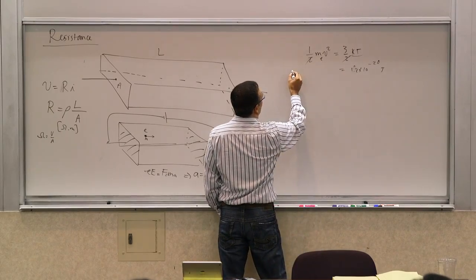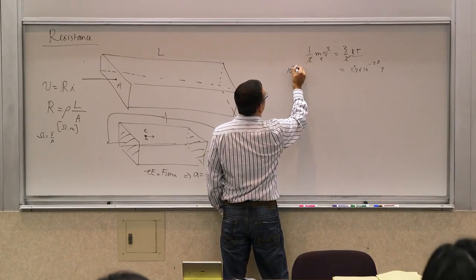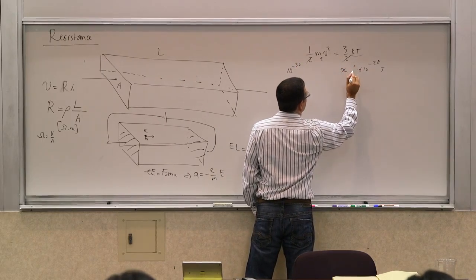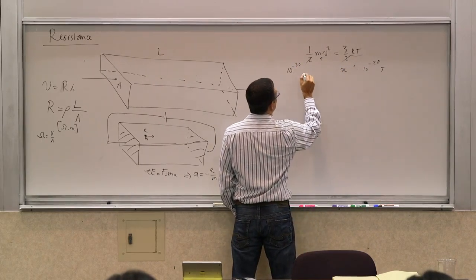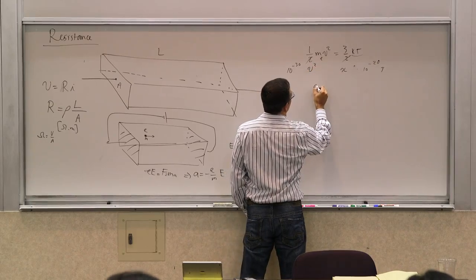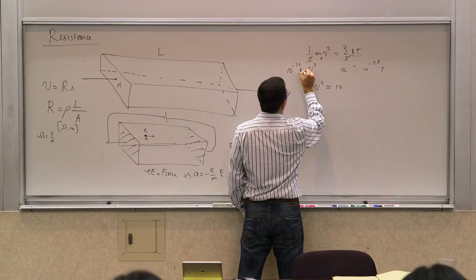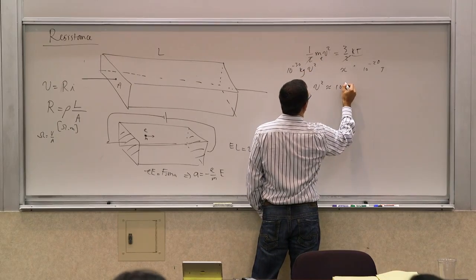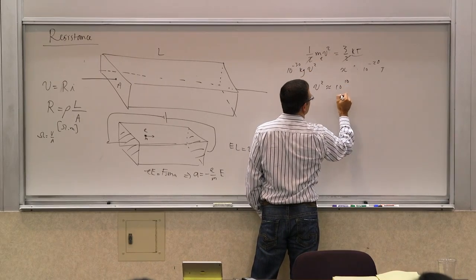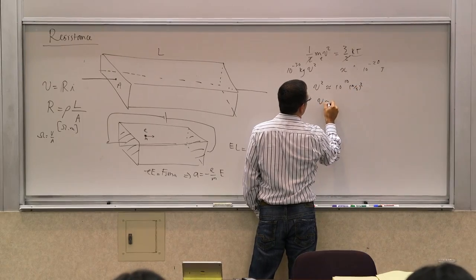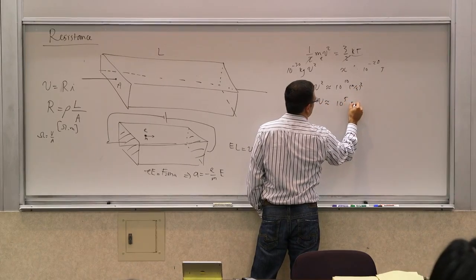And this is 9.1, let's say just 10 to the minus 30. So I'm going to make this approximately 10 to the minus 20 equals 10 to the minus 30 times v squared. So v squared is roughly 10 to the plus 10, meters squared per second squared. So v is approximately 10 to the 5 meters per second.